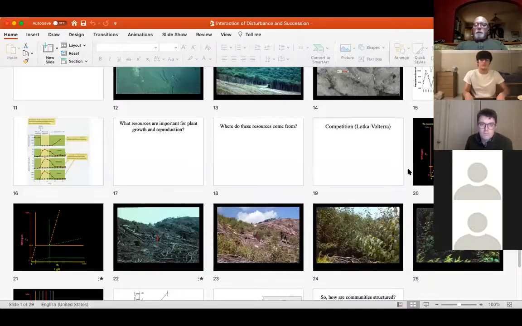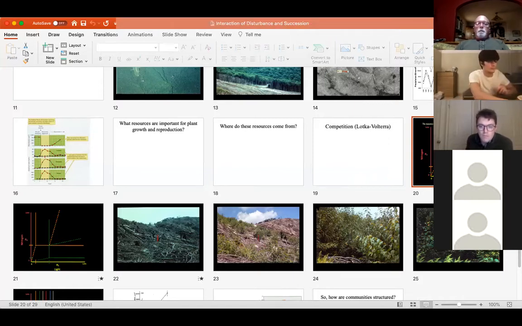Now that I've got the right figure up, okay. Let me go and share my screen. Okay. All right. Sometimes it's not sharing. I've really been having trouble sharing screen lately.